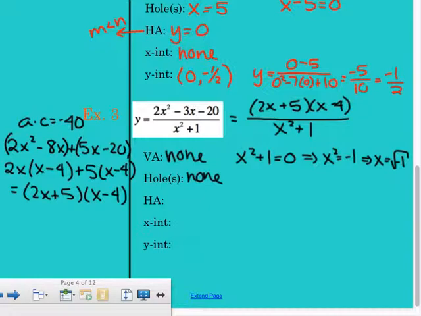So you're going to have a horizontal asymptote at negative 5/2 and x equals 4.